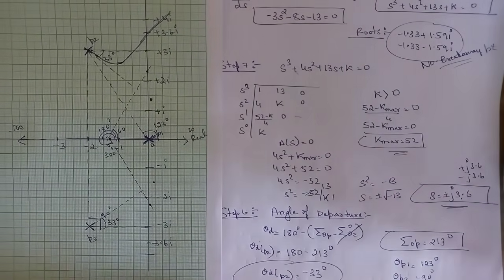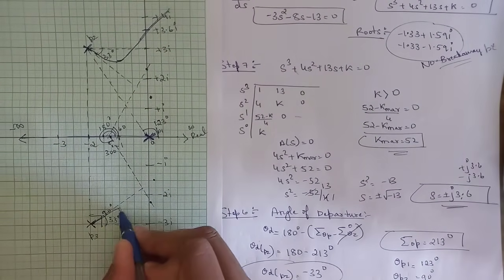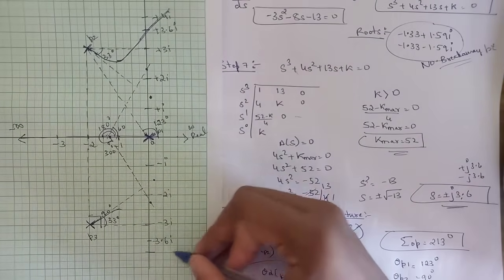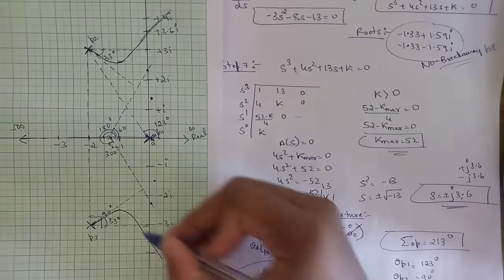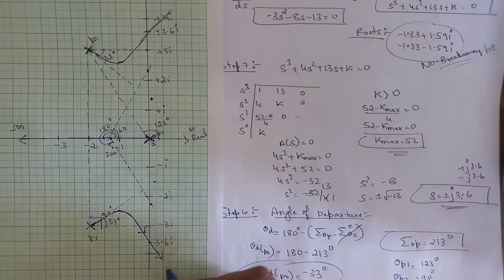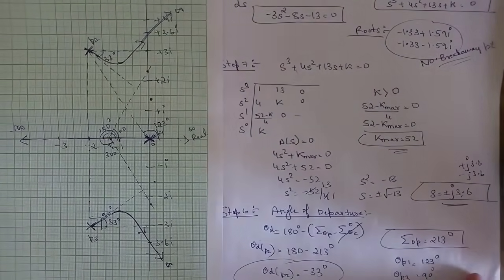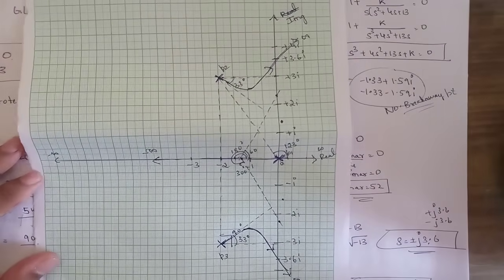Same thing here: 33 degrees it would be bending first, and again it would be moving towards 3.6 minus 3.6j at an angle of 300 degrees and touching here like this. And it would be approaching infinity. Okay, so this is the plot for the last problem.